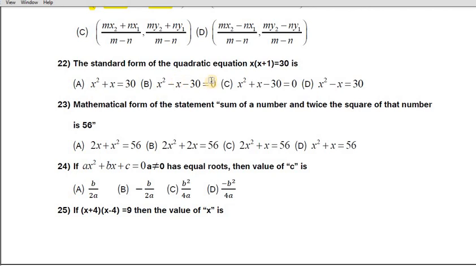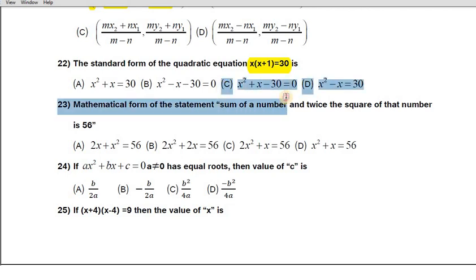The standard form of the quadratic equation x into (x plus 1) equals 30 is. So here simplify this one. It is not in the standard form of a quadratic equation. So x multiplied by (x plus 1), after multiplying we get x square plus x minus 30 equals 0. Children, I repeat again, x square plus x minus 30 equals 0.